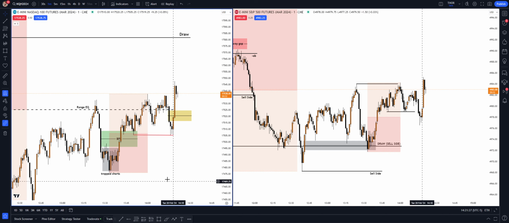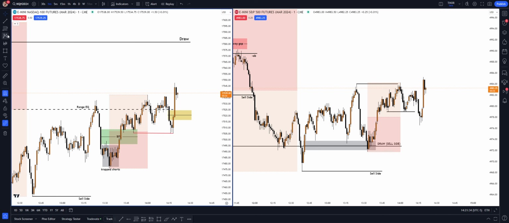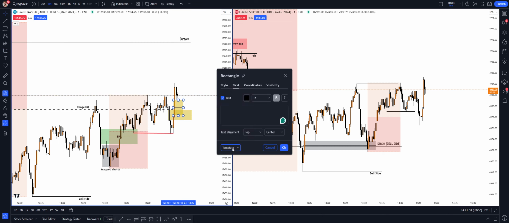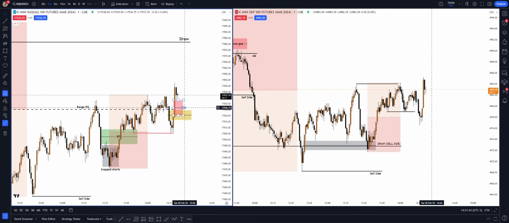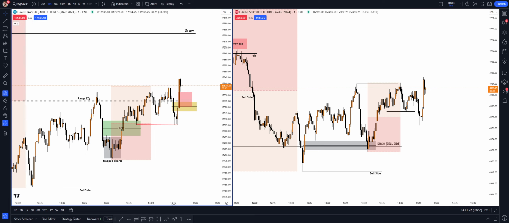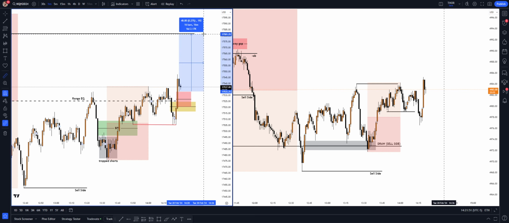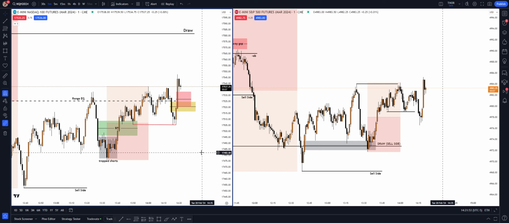What's up? Okay. Let me annotate this fair value gap here. What's the risk there though? 48 handles, not too bad.